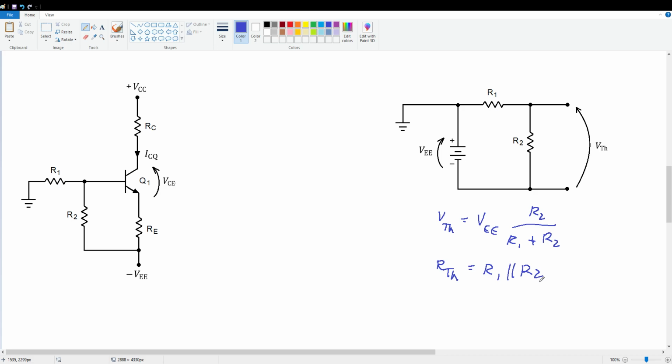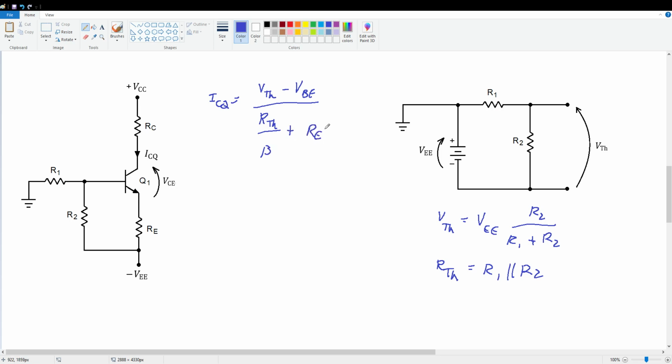All right, straightforward enough. To determine ICQ, we just apply the same techniques we've done many times before, and what we're going to end up with is ICQ equals VTH minus VBE divided by RTH over beta plus RE.